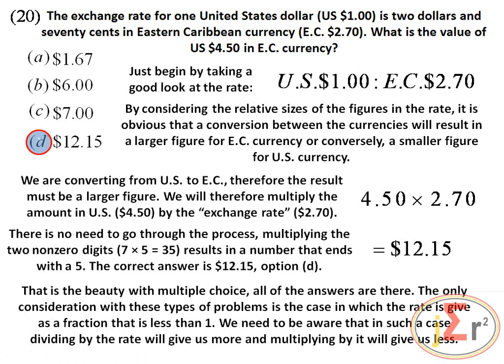So when we divide by a fraction that is less than 1, the answer is greater than the dividend. So dividing in that particular case gives a larger number, and that we need to be aware of. Of course, multiplying by a fraction that is less than 1 will also give us an answer that is less than the multiplicand.